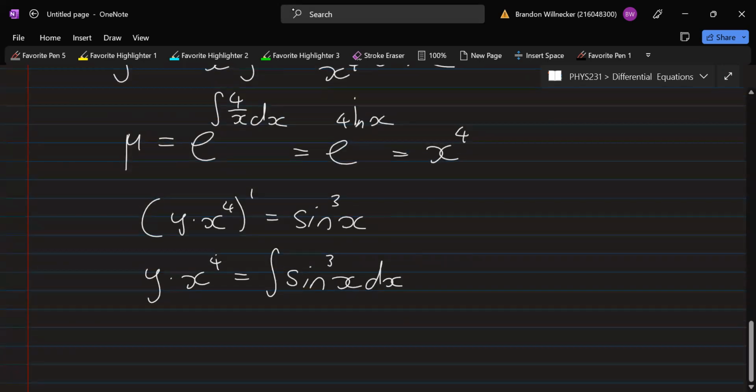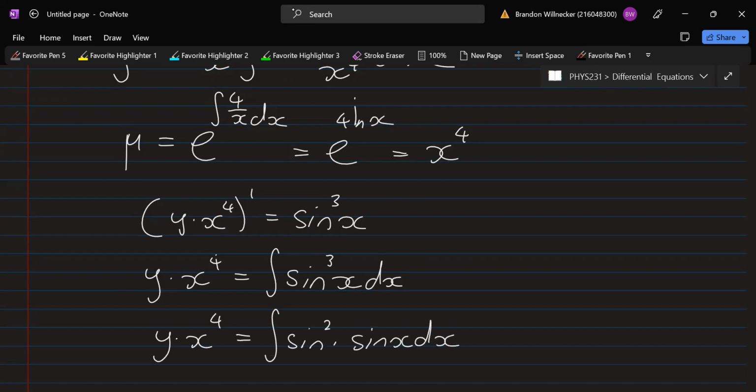Okay, we can factor out one of those sine terms. So we have y times x to the 4 is equal to the integral sine squared times sine x dx. Now, if we write that sine squared in terms of cos, then sine x dx would be the differential of cos.